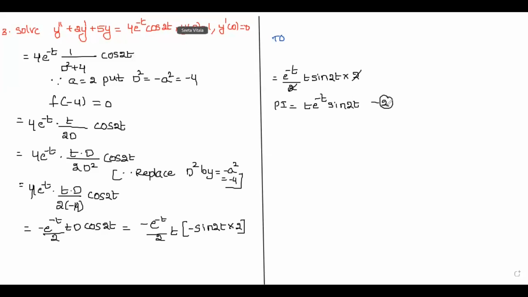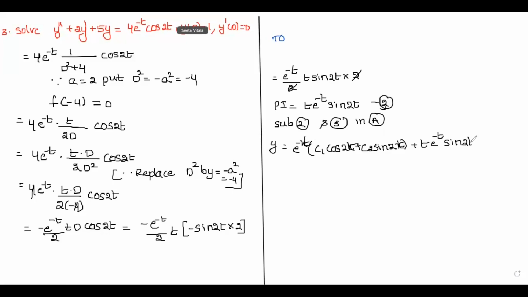Now substituting the particular integral as well as the complementary function in the solution, you get the solution as y is equal to e power minus x into c1 cos 2x plus c2 sin 2x plus t into e power minus t sin 2t.